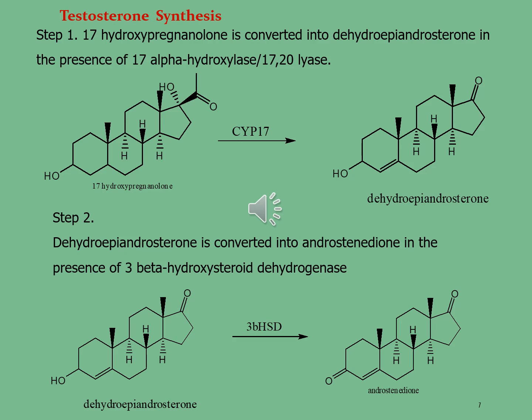In addition, there is a carbonyl group at carbon 17 position. So the only change that takes place at carbon 3 position is the presence of a carbonyl group in androstenedione instead of the hydroxyl group, which was present in the previous structure, dehydroepiandrosterone.